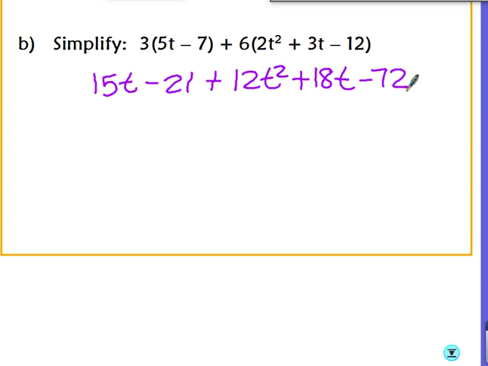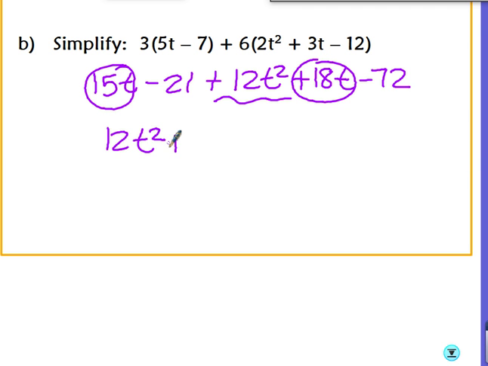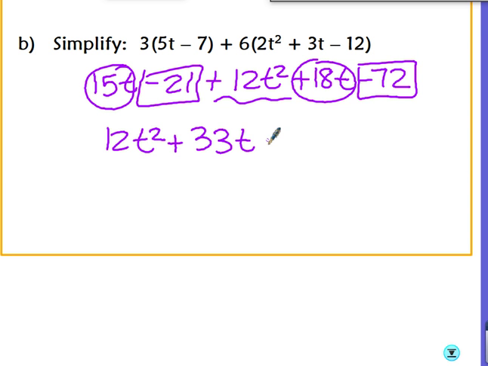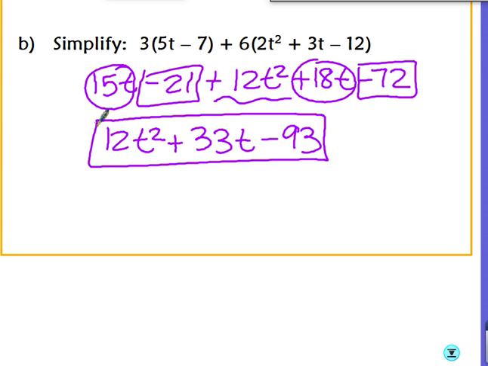Now that I've distributed, I will go ahead and combine like terms. The solution I came up with was 12t squared plus 33t minus 93.